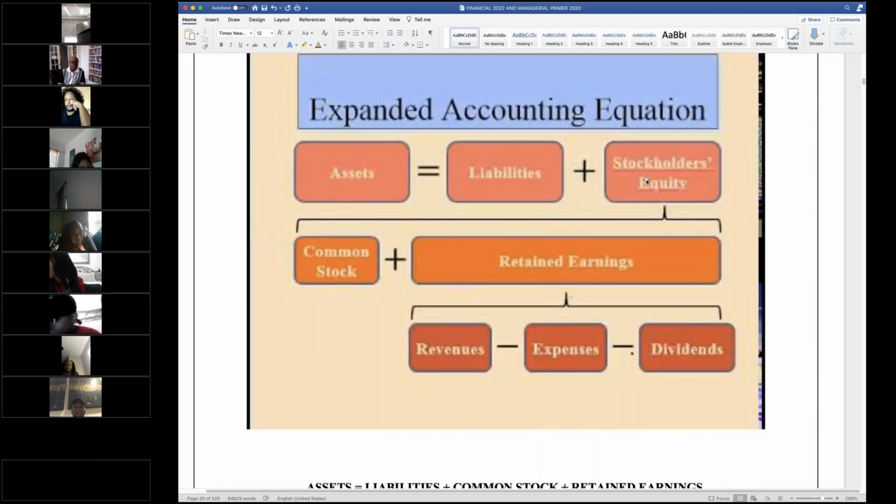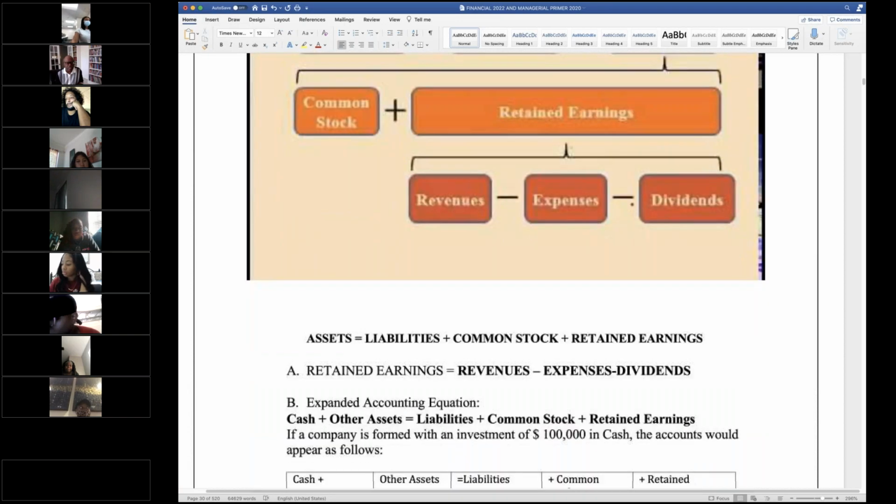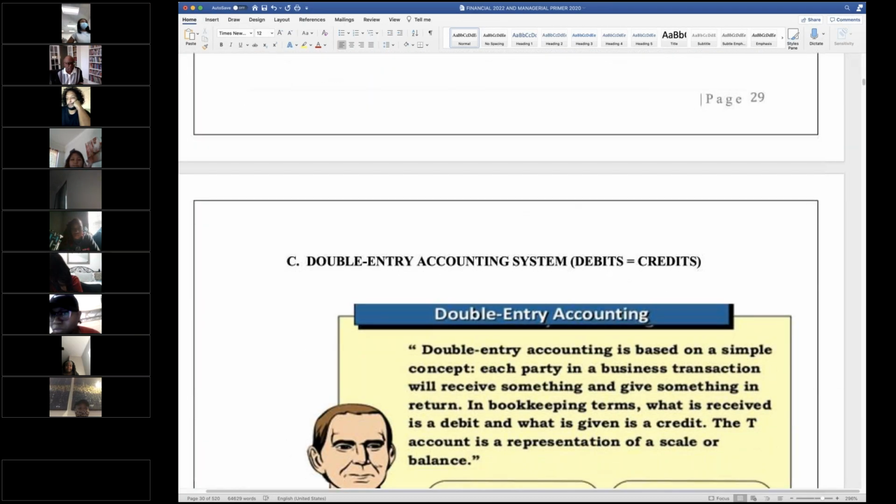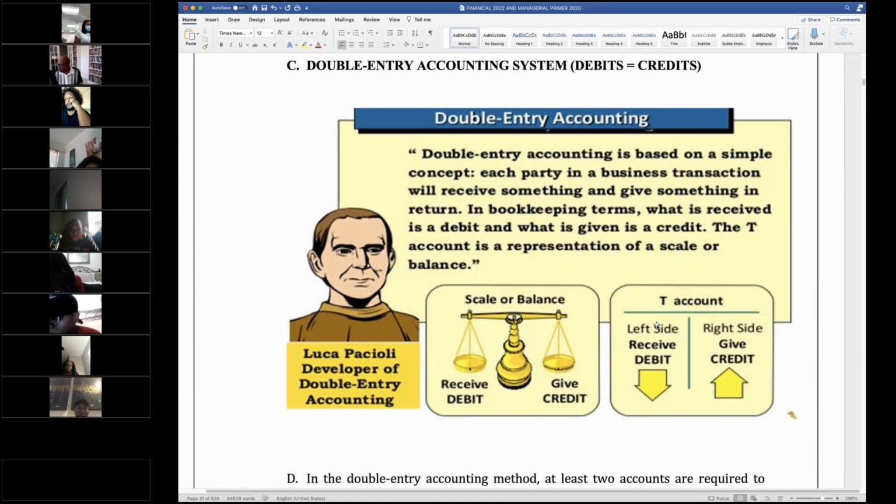Assets equal liabilities plus stockholders' equity, plus common stock plus retained earnings. Retained earnings consists of revenues, expenses, and dividends. Whenever we have a transaction, two things happen.